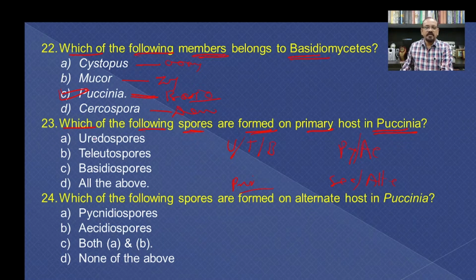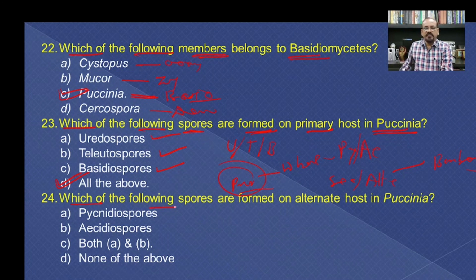It means that uredospores, teleutospores and basidiospores are formed on the primary host, and hence the answer will be all the above. The primary host is the wheat plant and the secondary or alternate host is the barberry plant.